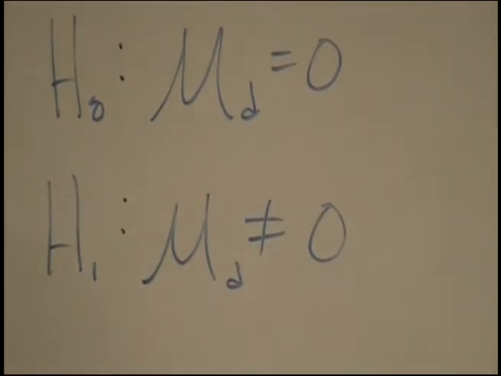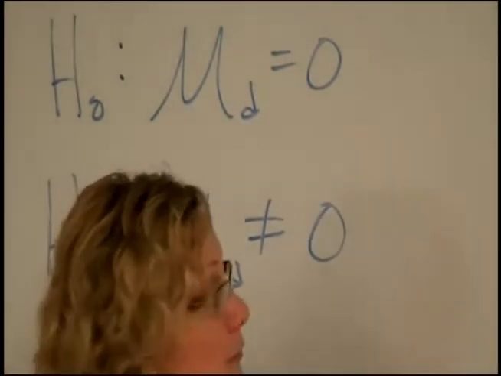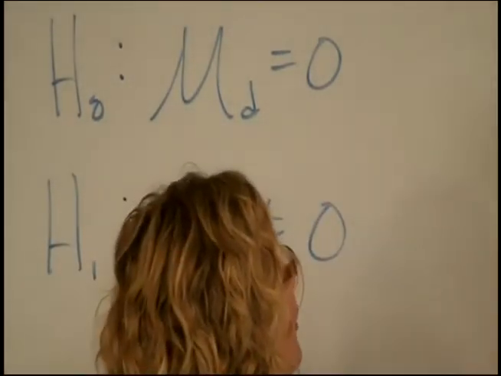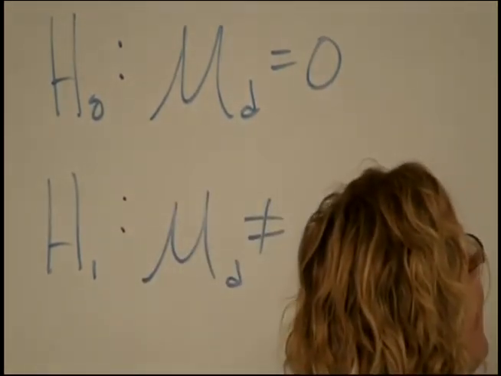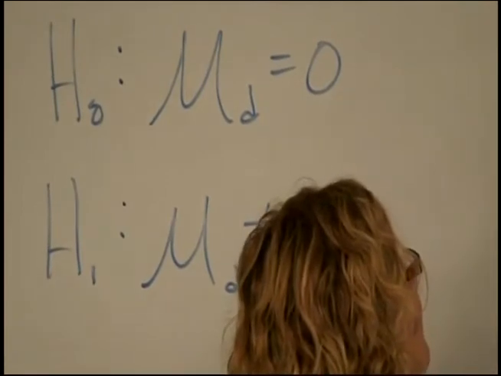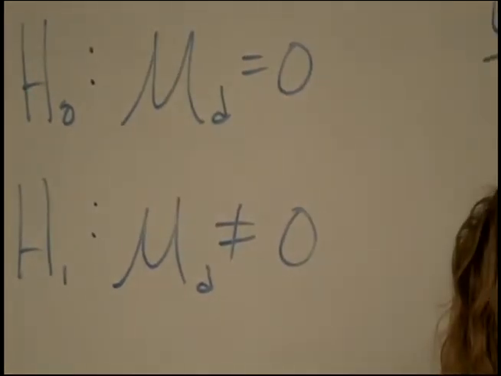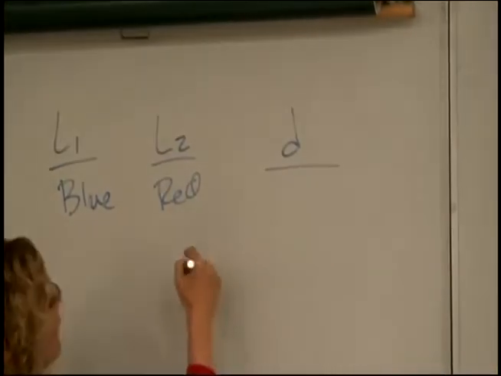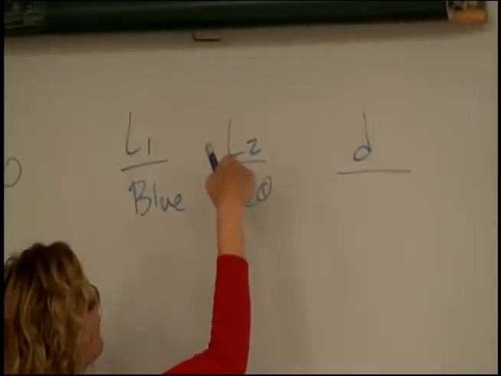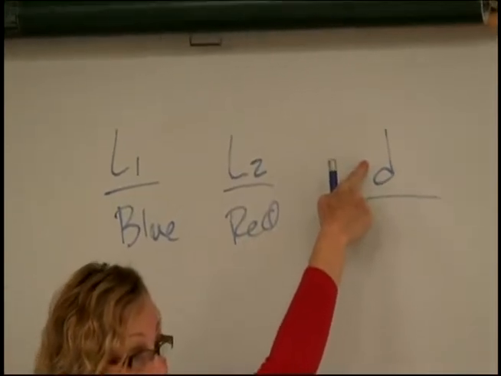Okay, so here are the calculator steps. So first of all, you enter the data. So you have L1, you have the blue, and L2, you have the red. And now we've got to find the differences. So you're going to take this list, subtract that list, and store it in your third list.